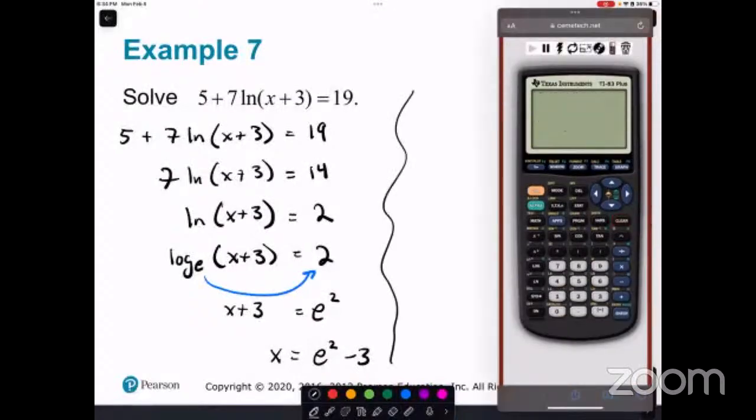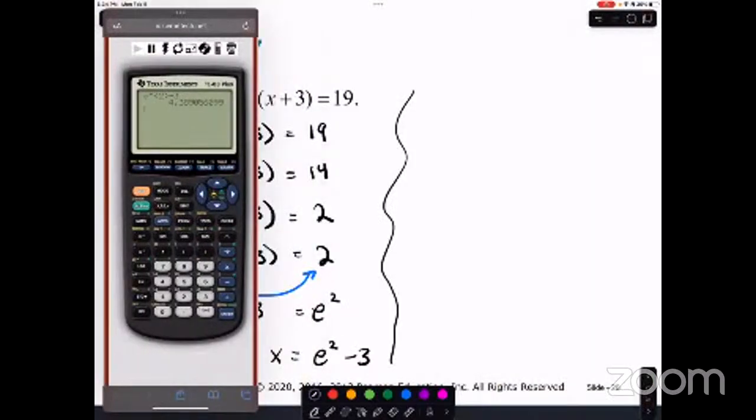And then we use our calculator to crunch that number. Okay. e is second ln. We want to say to the power of 2 minus 3. We'll just do 3 decimal places. 389, so 4.389.